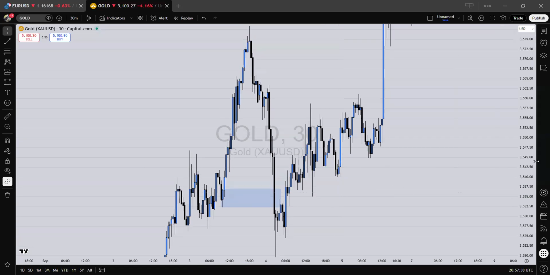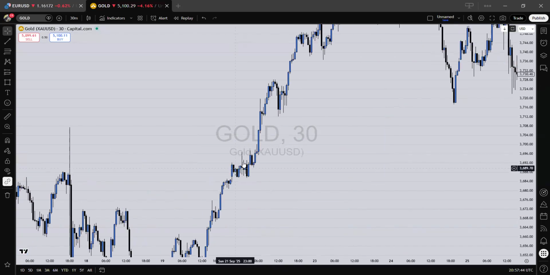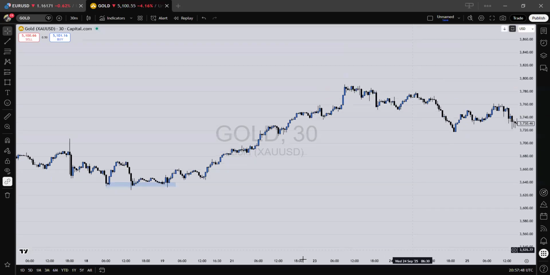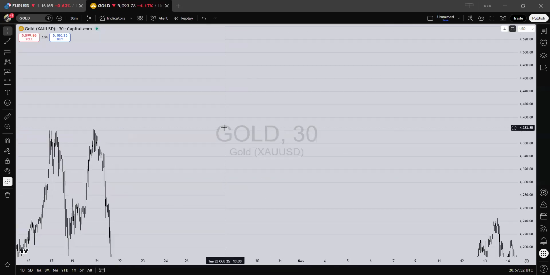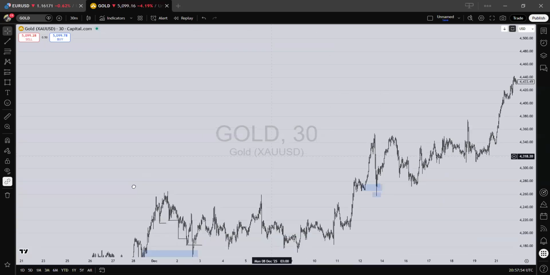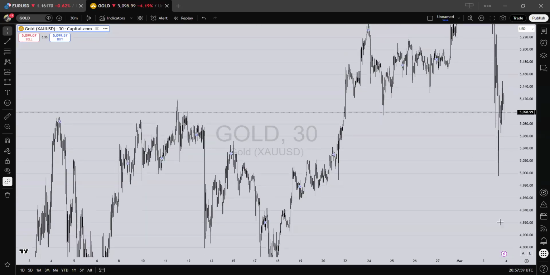No obvious inducement, no engineered liquidity, because they want to buy, because they saw a POI and they want to enter. So that is for engineered liquidity.